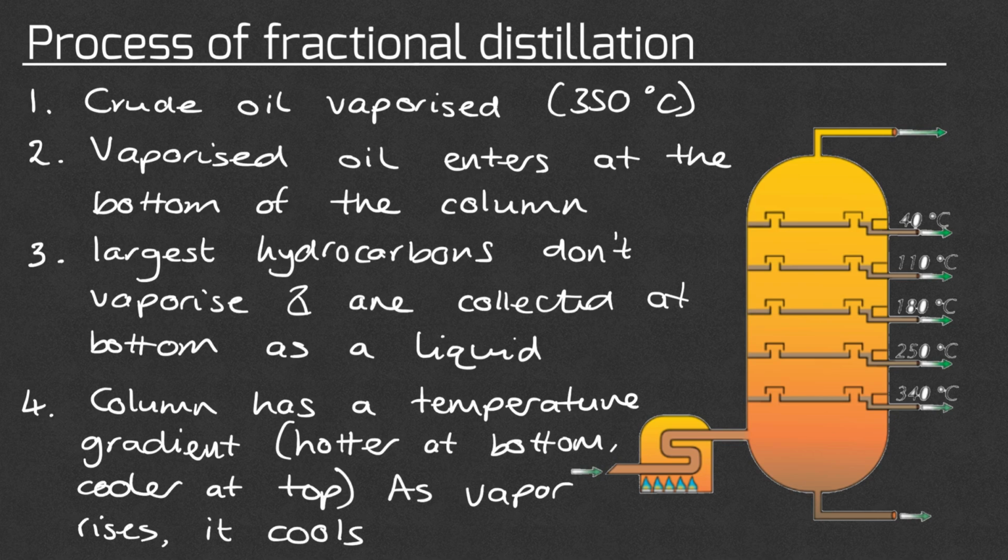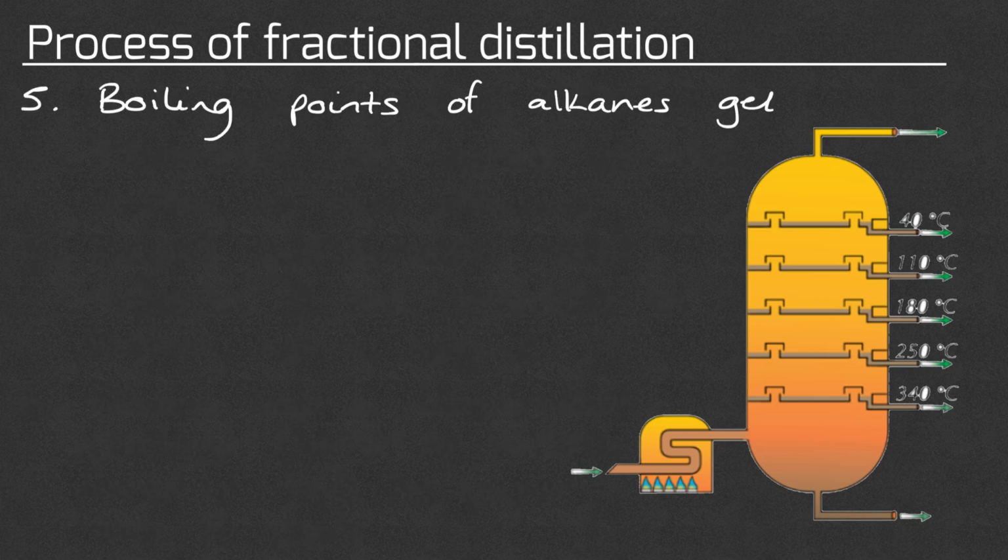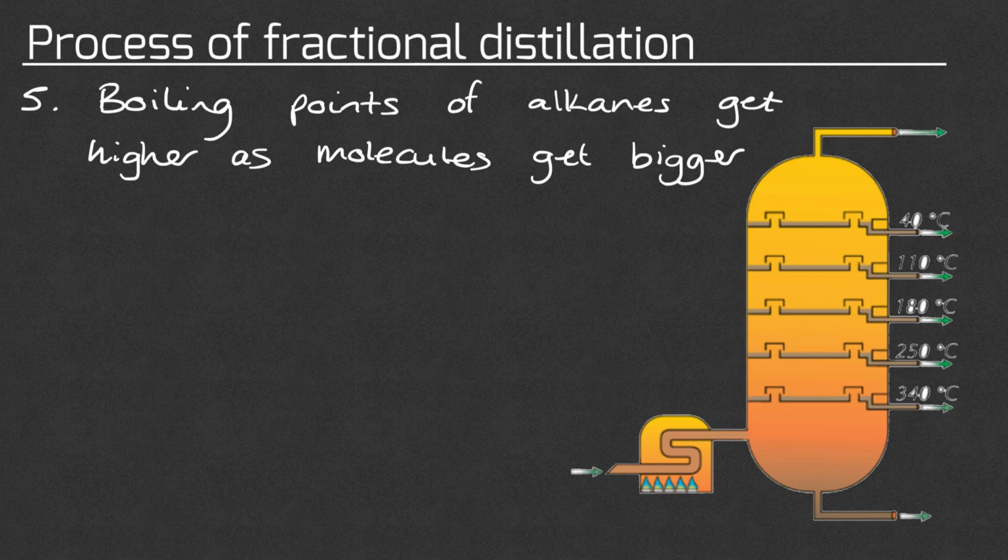The column has a temperature gradient. This means it's a lot hotter at the bottom and colder at the top. As the vapour rises up the column, it's going to cool down. Each of the different chains will have a different boiling point. The boiling points of the alkanes get higher as the molecules get bigger.